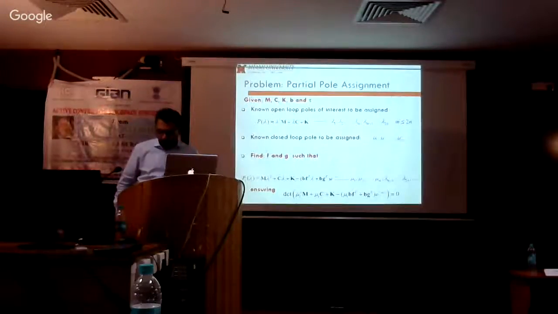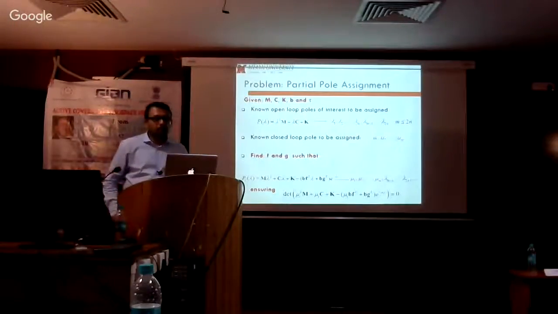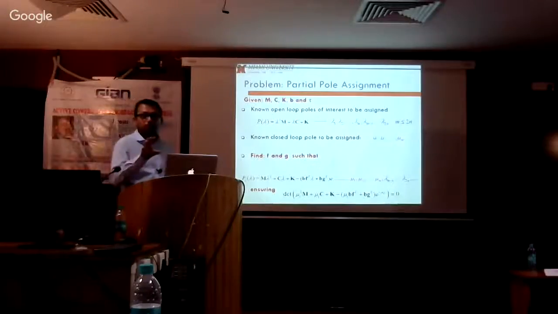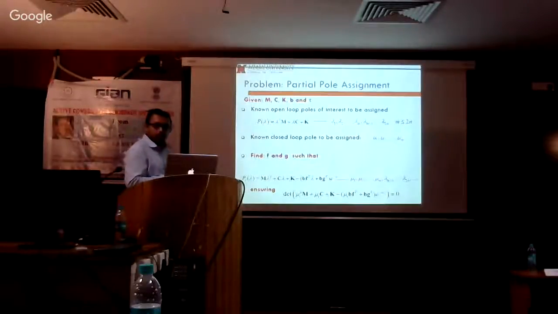So I did this in 2009 with the help of a math student, and I took the ideas from the partial pole assignment and I tried to incorporate delay. And then we figured out that it's a small modification to the partial pole assignment problem. So we have M, C, K and the control distribution, and then we have a fixed value of tau.